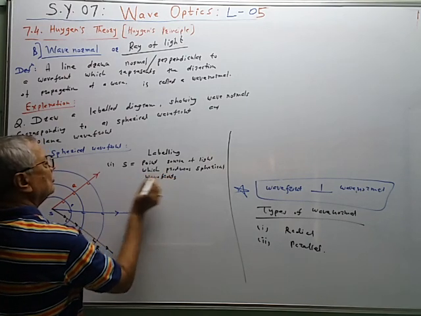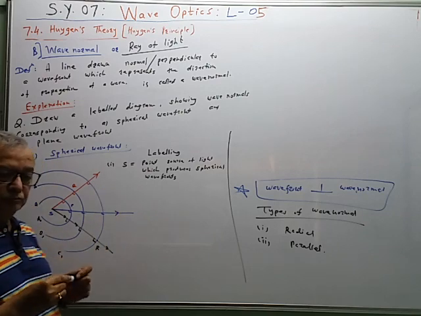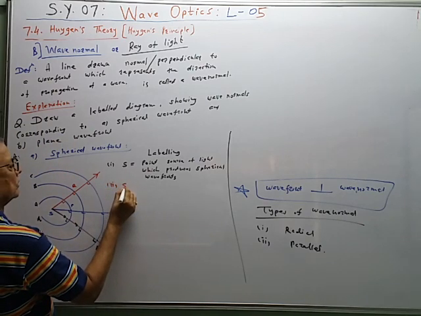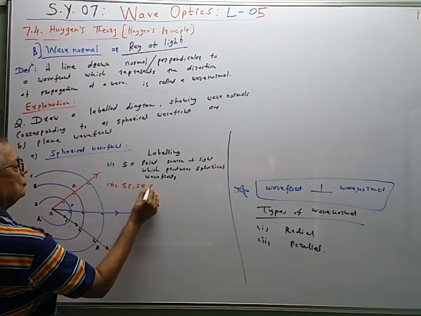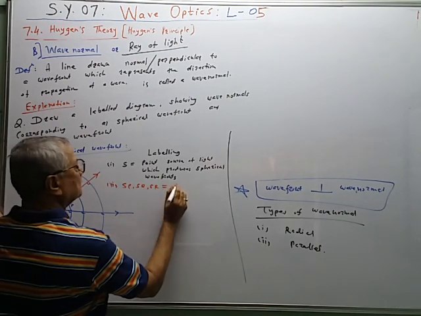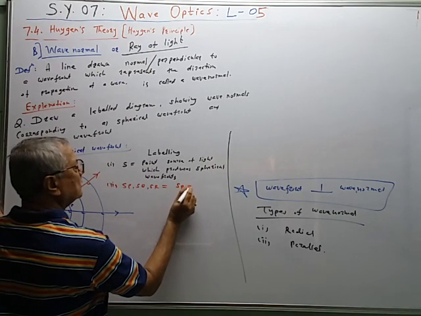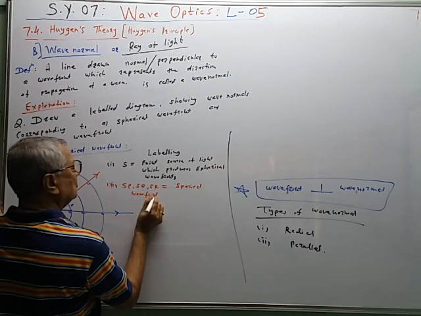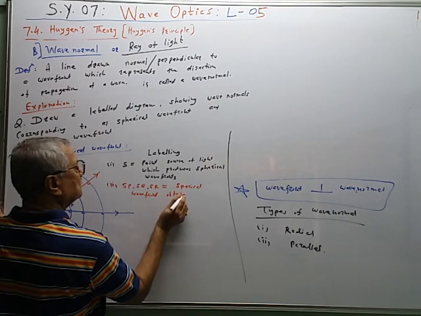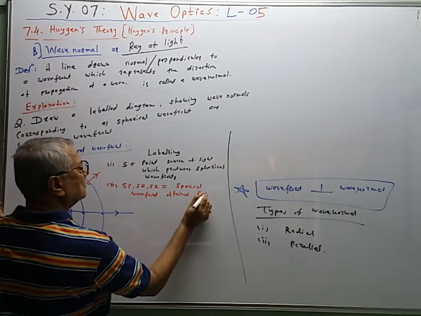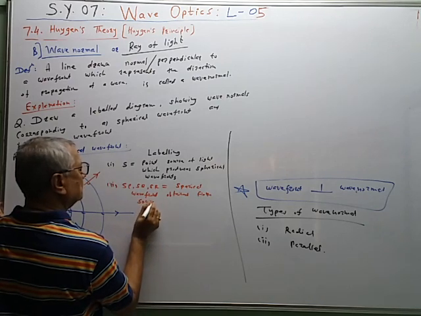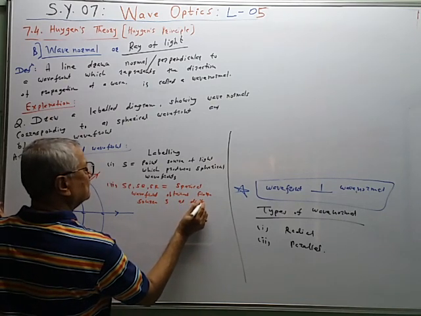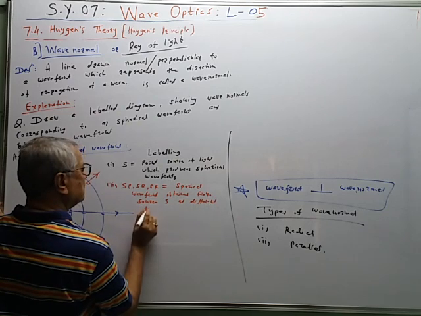Second, SP, SQ, SR are the wave normals obtained from source S at different time instants.